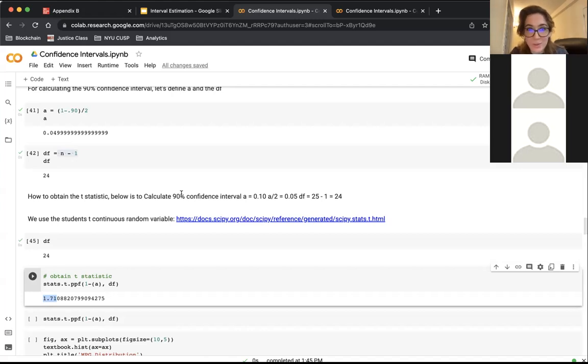But yeah, intuitively, you can think if the number of samples is under 30, that the t-statistic would be used instead of the normal distribution, because we want to account for this very small sample size. Does that make sense?